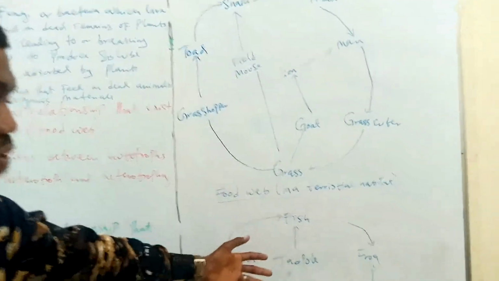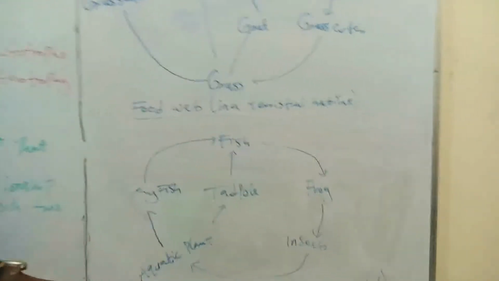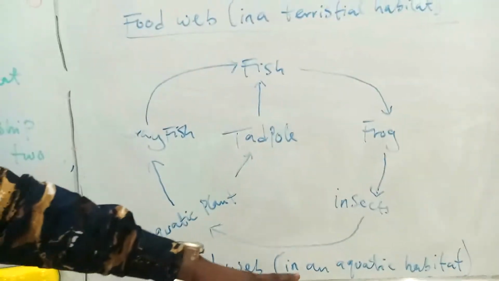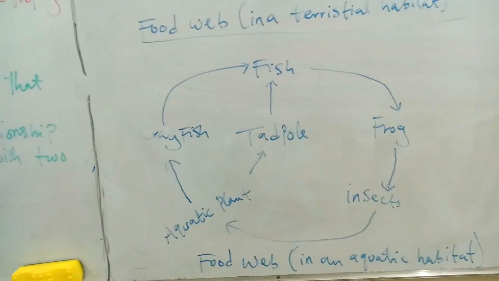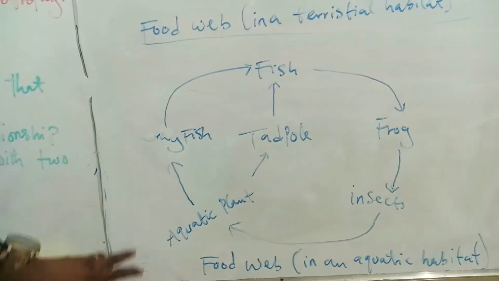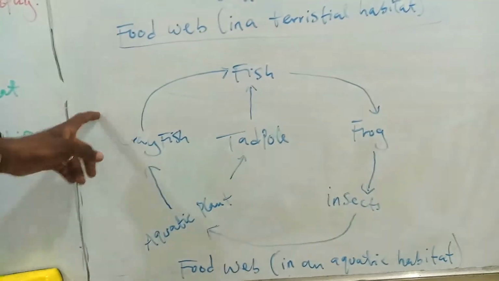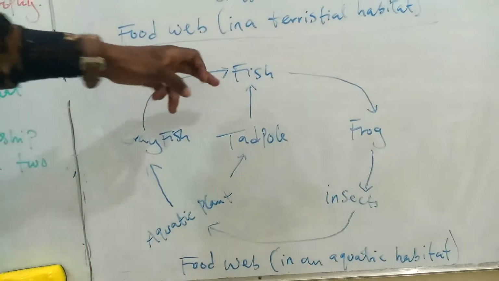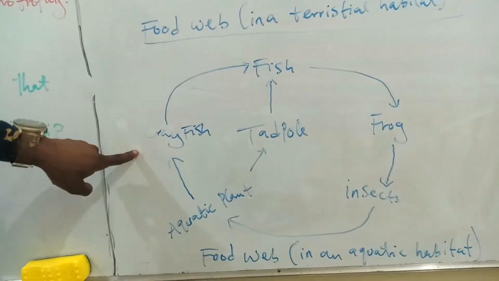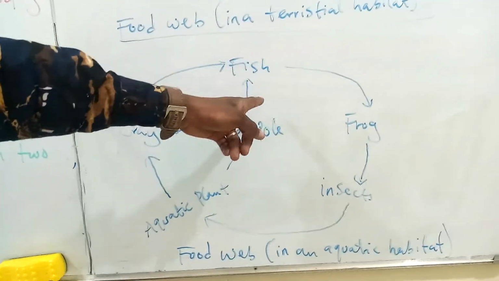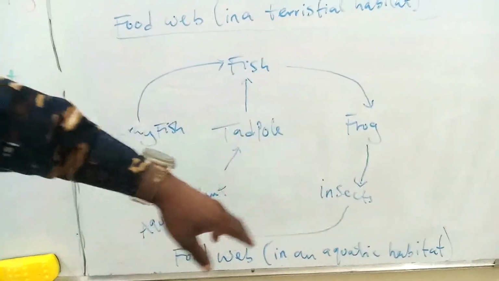Now let's take a look at the other one. This is an example of a food web in an aquatic habitat. We have aquatic plants over here, and you can also find a crayfish that consumes them as well. A fish also feeds on this. A tadpole, a frog can also feed on a little fish, a fingerling.